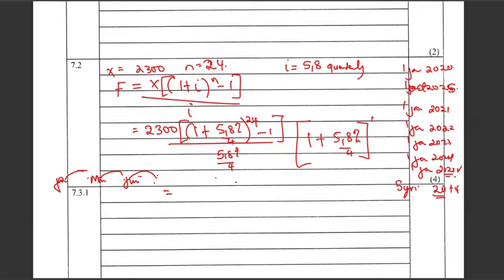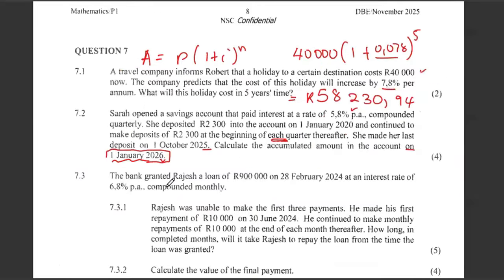Yeah? Then I need to multiply. We said 1 plus 5.8% over 4 to the exponent of 1, because we are approaching another quarter. So the total I'm getting is 66,411,595, which is like 60. So that is what I obtained. I don't know what you guys have on your side.